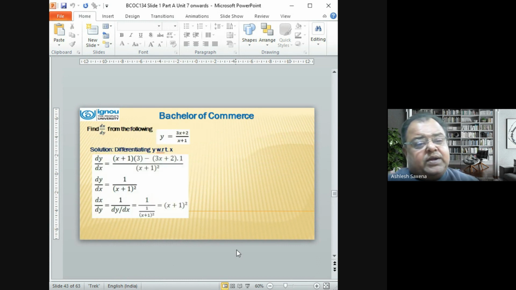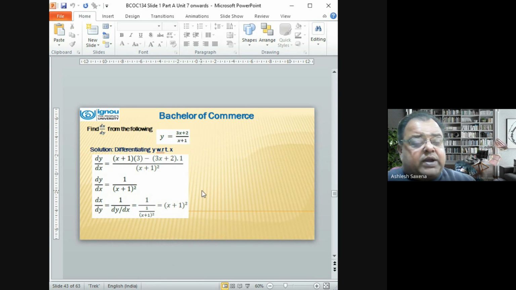You have to find dx by dy of the following. First of all, what will we be doing? We will be differentiating it. Since you can see that it is in the form of u by v, we will be differentiating it by applying the u by v concept: denominator into derivative of numerator minus numerator into derivative of denominator, upon denominator square.